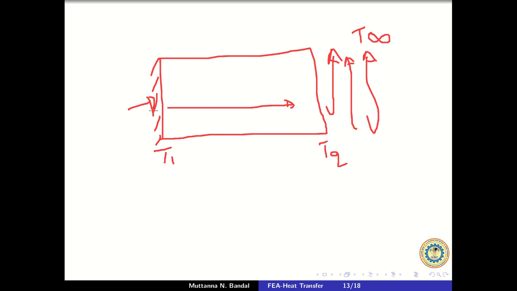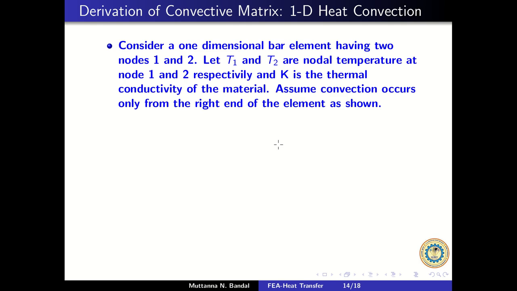In the sense, the heat will be transferred from this position to this position, and from here the hot air takes the heat away. So there are two rates of heat transfer taking place, one through conduction, another through convection. So let us derive what happens during convection.